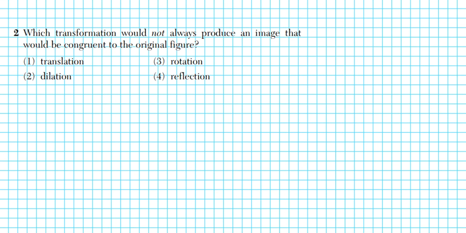Alright, let's take a look at question 2. It says, which transformation will not always produce an image that will be congruent to the original figure? So whenever you're talking about congruency between an image and an original figure upon transformation, the first thing that should come to your mind is the term isometry.